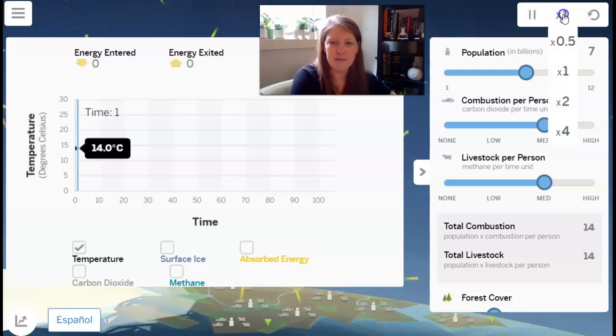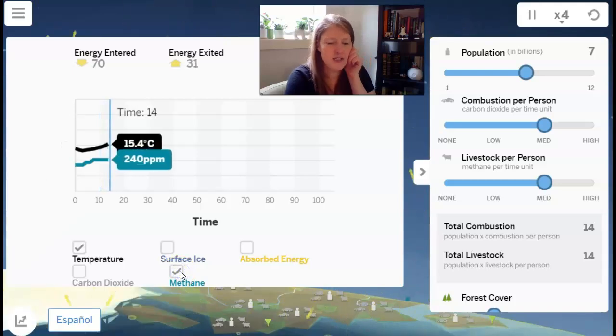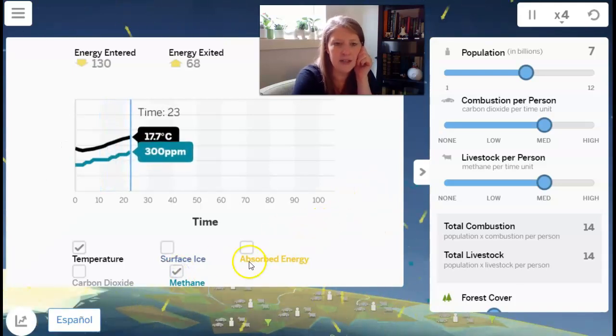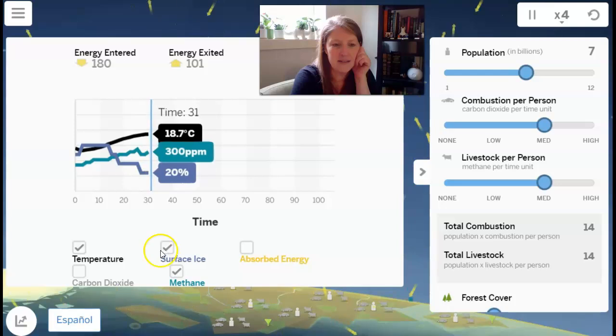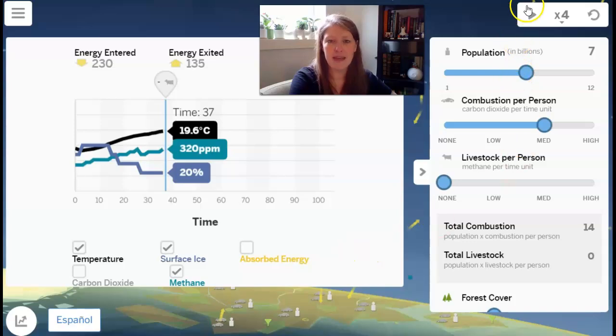So I'm going to hit play. I'll move it up to 4, and we're looking at methane again, and we're interested in the temperature and the surface ice. So I can see that it's starting to drop just like we saw last time, but this time we're going to change one human activity, which is livestock per person. And we'll see if that has any effect on the amount of methane gas in the atmosphere.